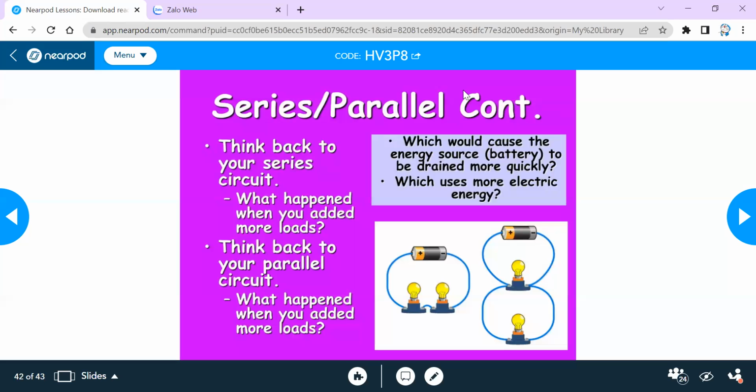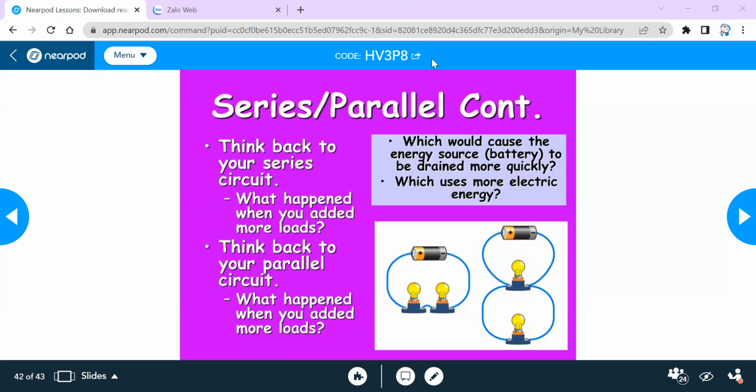All right. So do not add more load on the series circuit. Whereas for the parallel, let me see the answers on the chat. Some say that the parallel is brighter because it's a different pathway. Okay, yes. So if you add load to the parallel, it will maintain its brightness, but it will not last long.